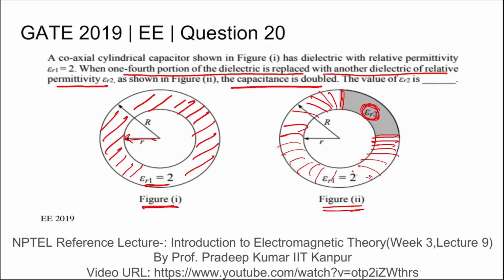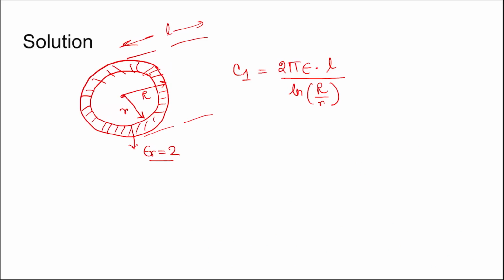Now epsilon is epsilon naught times epsilon r, which is 2 from here, times L, the length of the coaxial cable, divided by ln R by r. So this is case 1.